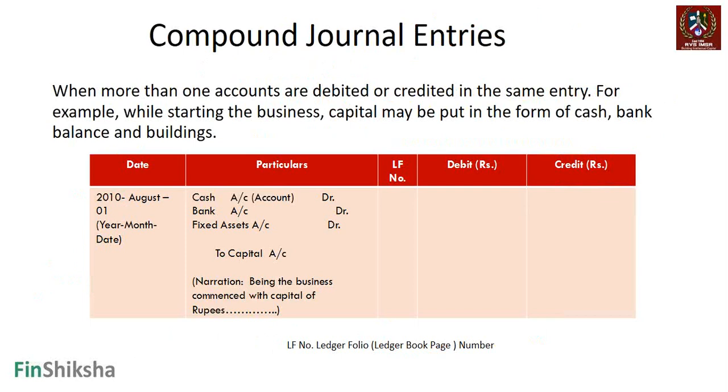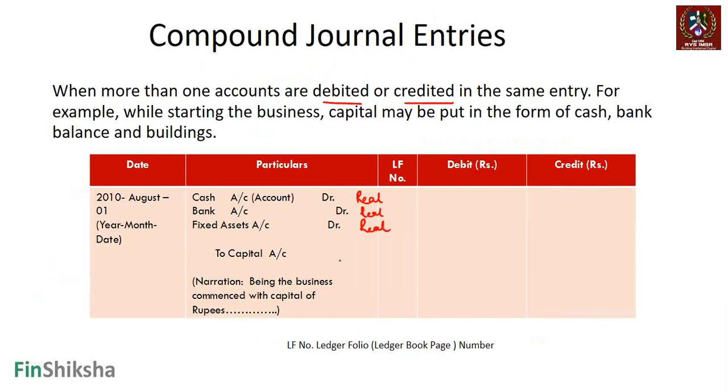You could also have compound journal entries, right? When one or more accounts are debited or credited in the same transaction. For example, while starting the business, the capital may be put in the form of cash, bank balance, and buildings, correct? Note that all these are real accounts.